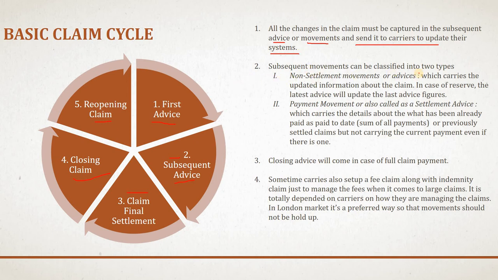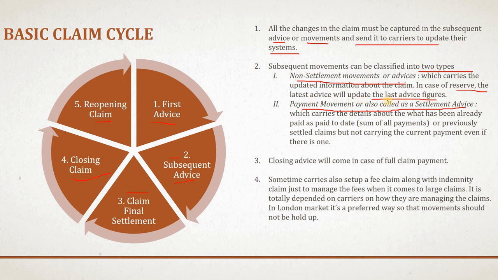The subsequent movement can be classified into two types: non-settlement movement or advice, and the payment movement, also called a settlement advice. The non-settlement movement or advice carries the updated information about the claim in terms of reserve, and the last advice will update the latest advice.